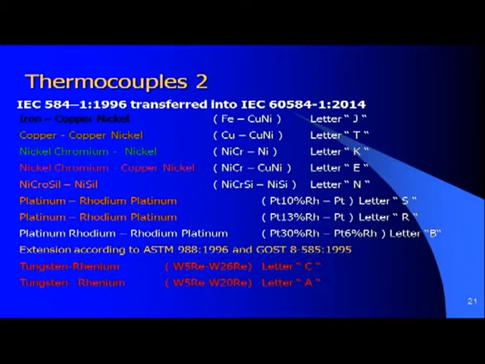So after World War II, they found that now they could produce platinum with fewer impurities, and when they used it, they could not form a type S thermocouple with the same characteristics. So what they did is they renamed the type S to type R for the same characteristic by using 13% rhodium in the platinum, and the former type S, now with the more pure wires, is named type S. This is one of the reasons.